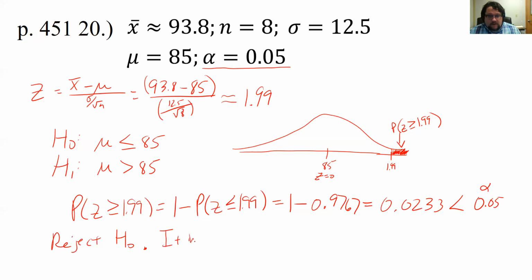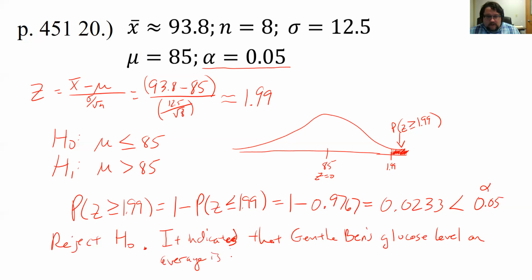It indicates that Gentle Ben's glucose level on average is higher than 85. Okay, that's what we're going to reject that null hypothesis.